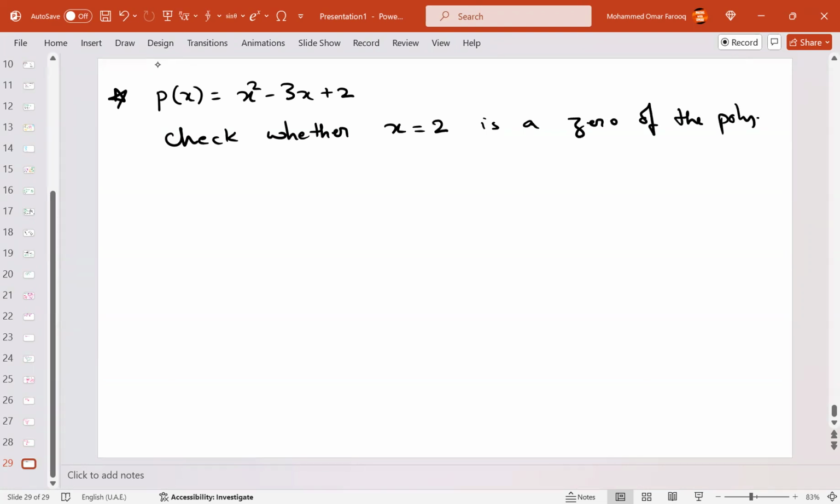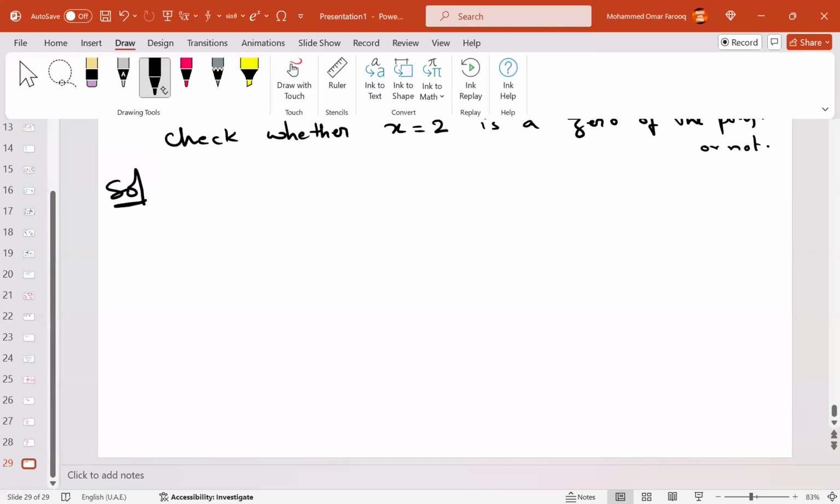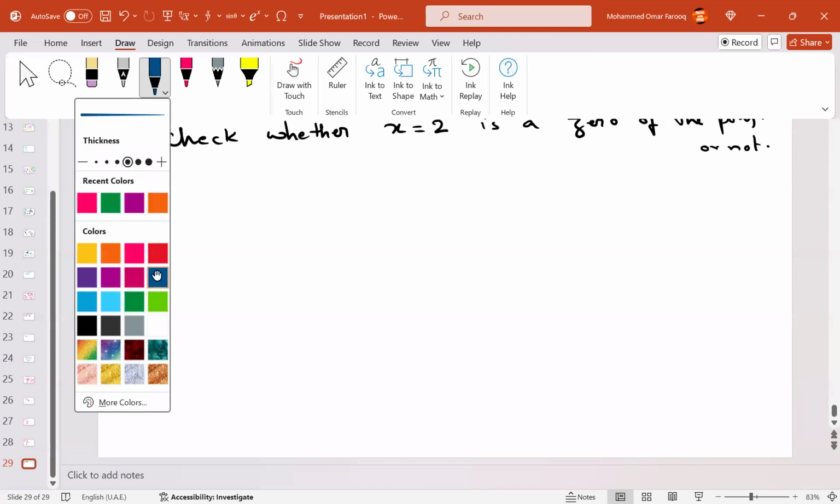So what is the concept over here? If it is a 0 of the polynomial, then what happens? Can anybody tell me?